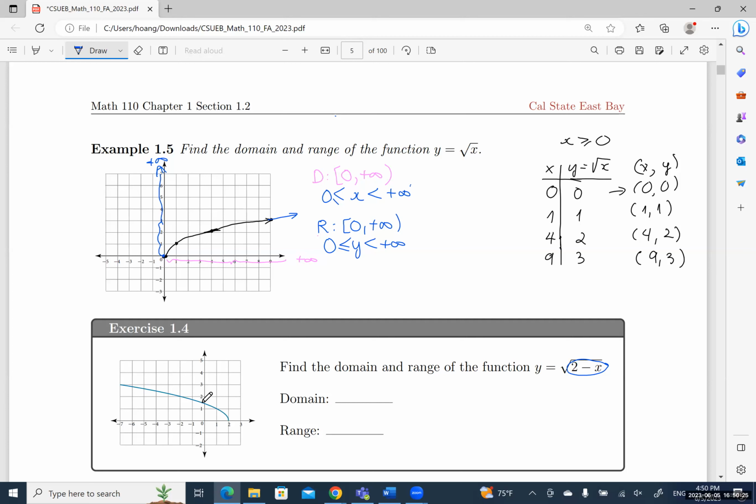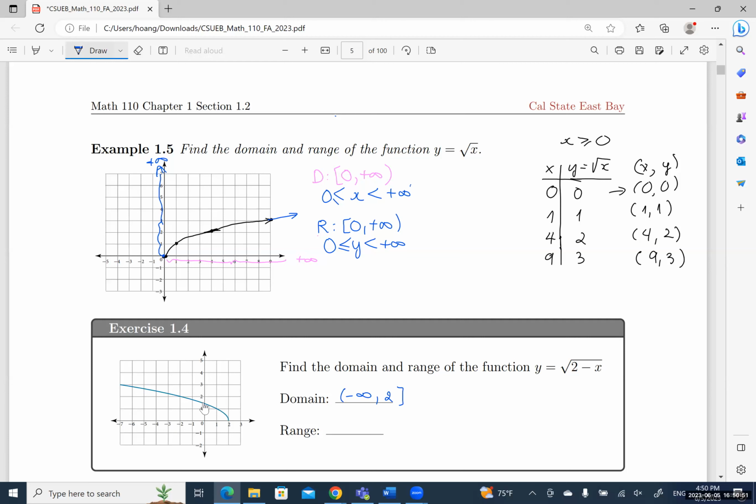But the answer key you can write as negative infinity to 2. Actually, this should be enough since you see the graph already, right?